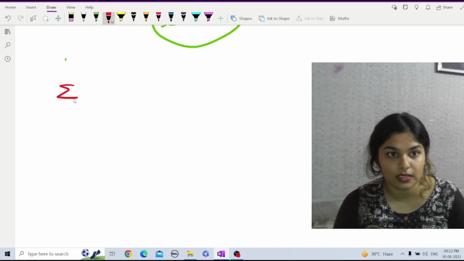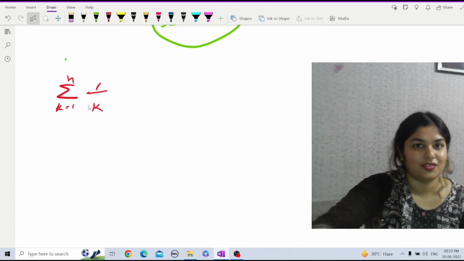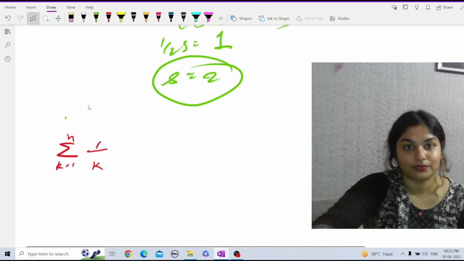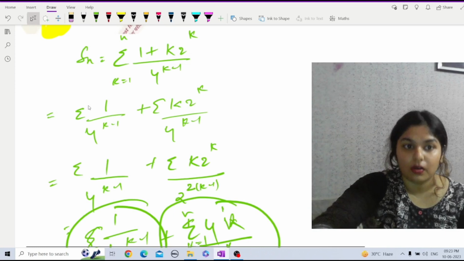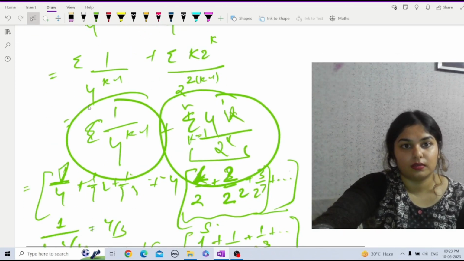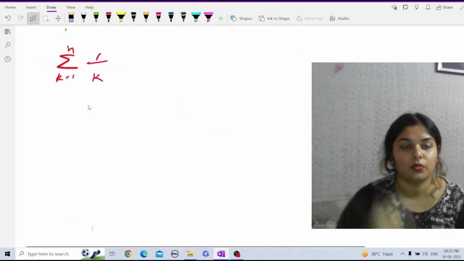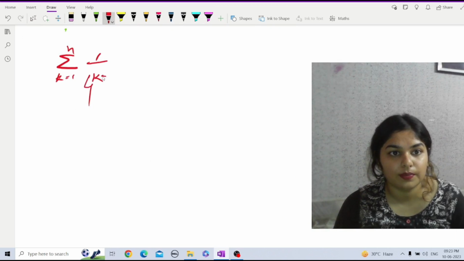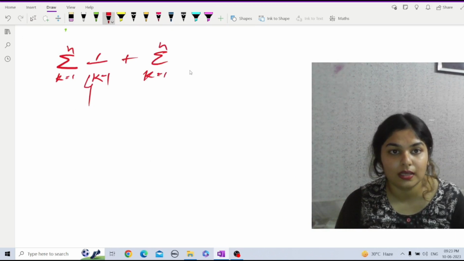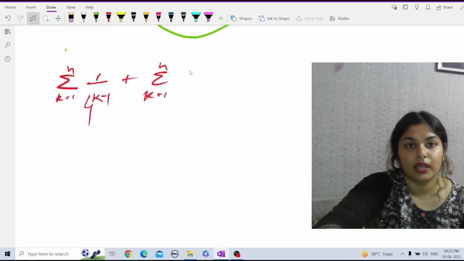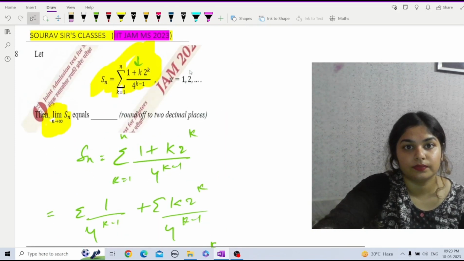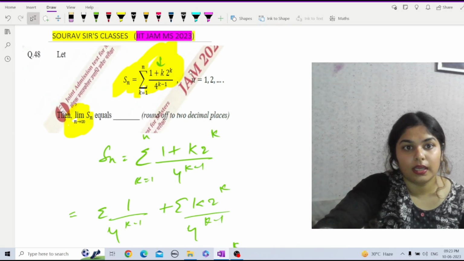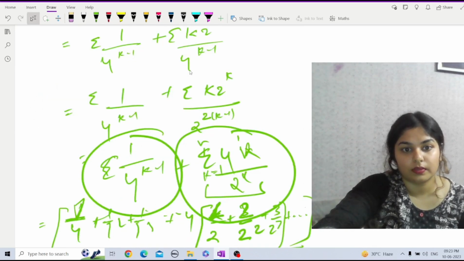We were actually trying to find the summation, k equals 1 to n, of 1 by 4 to the power k minus 1, plus again the summation, k equals 1 to n, of the second term we had, k to the power k by 4^k minus 1.